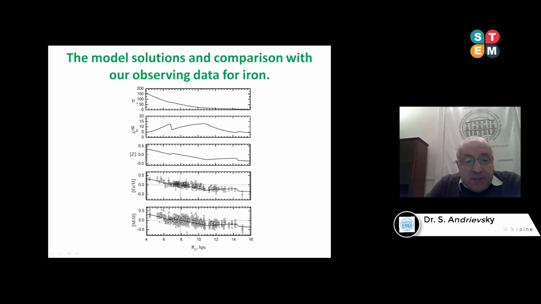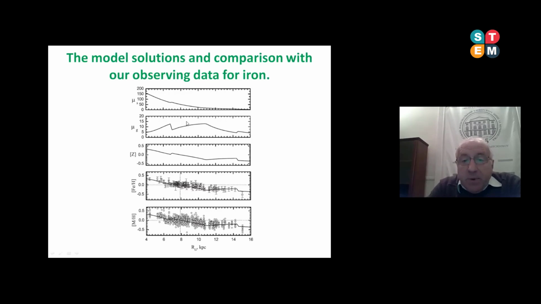For example, this is the concentration of the gas in the disk. And you see here we have, for example, 20 kilometers per second per kiloparsec angular velocity. It is here, about 11 kiloparsecs from the center. We see that the consumption of the gas is not very high, but it increases as we move from the corotation resonance.